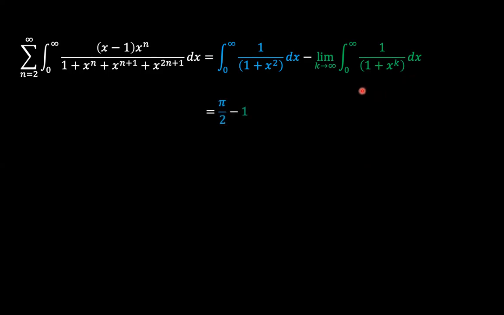And that means it's equal to pi over 2 minus 1. This is the answer of this seemingly intricate problem, but it did require a lot of patience. A lot of issues come when you assume that this entire thing goes to 0. I think most people would erroneously assume the answer is pi over 2, but there is this negative 1.